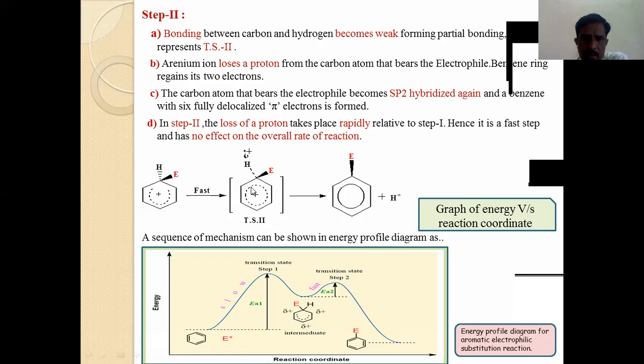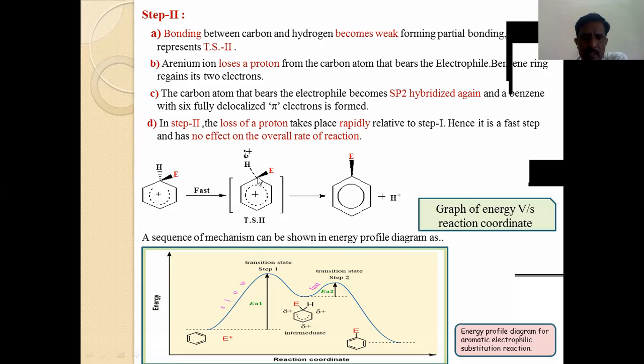Now this arenium ion loses this proton, because this proton and the ring carbon have a weak sigma bond, and that's why the proton will be lost from the arenium ion. The arenium ion loses this proton from the carbon atom which bears the electrophile.